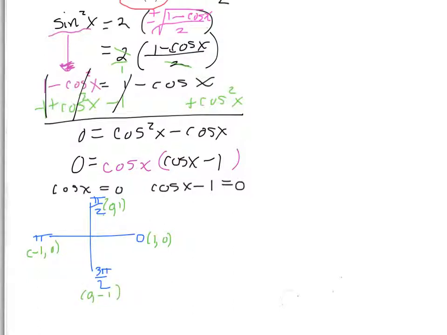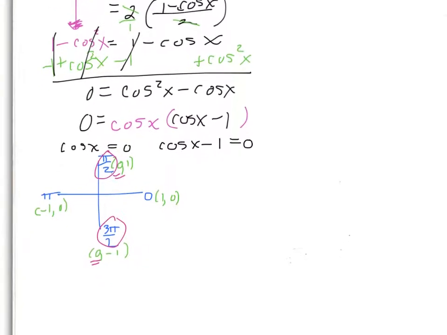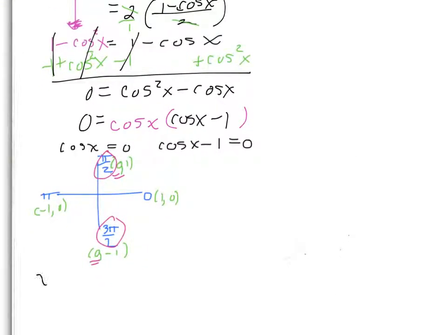So is cosine the x value or the y value? X. Oops. So cosine's my x value. So which of the ordered pairs has an x value of 0? Yeah, so 3 pi over 2 and pi over 2. So those are 2 of my answers. So I know that x is going to equal pi over 2 and 3 pi over 2.